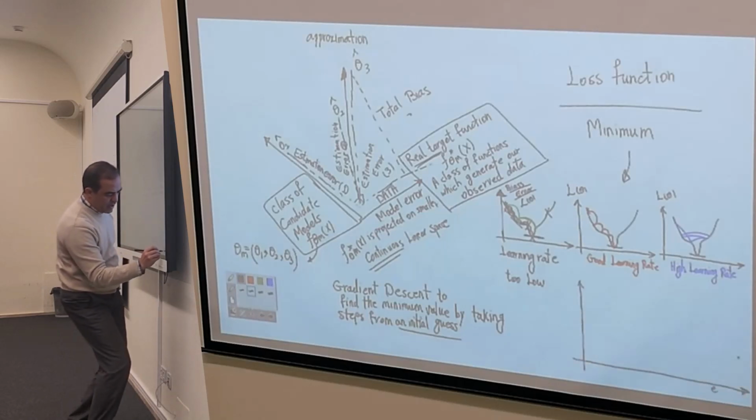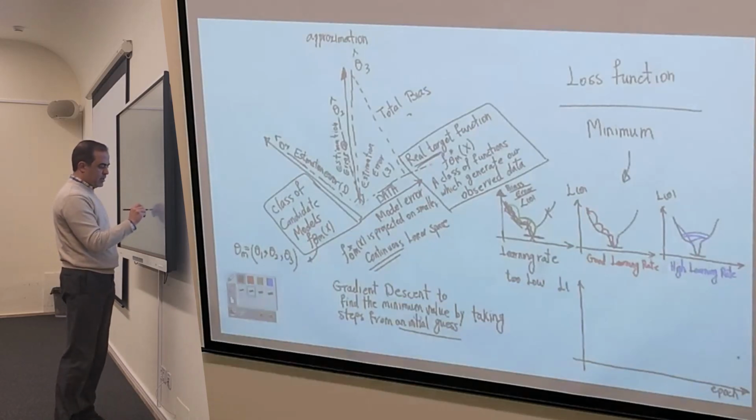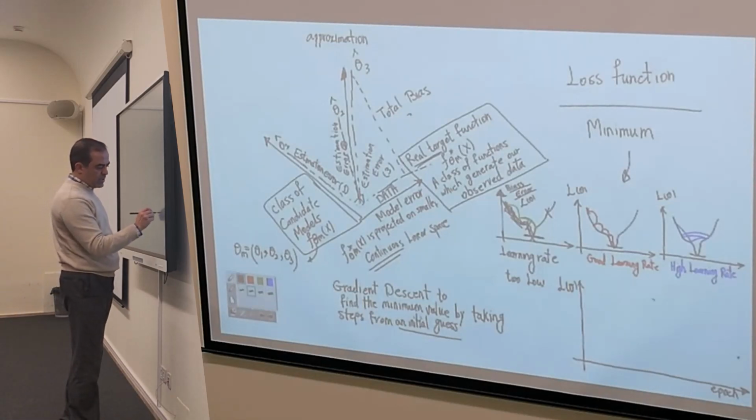So if we have the epochs here and the loss function here, we use what?